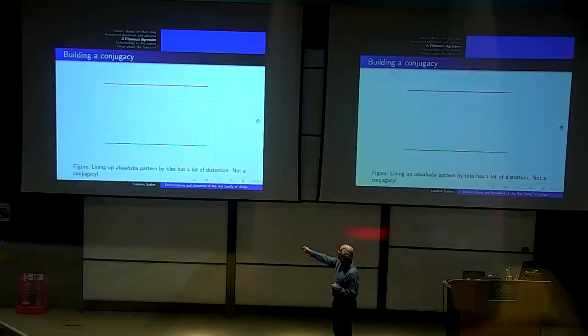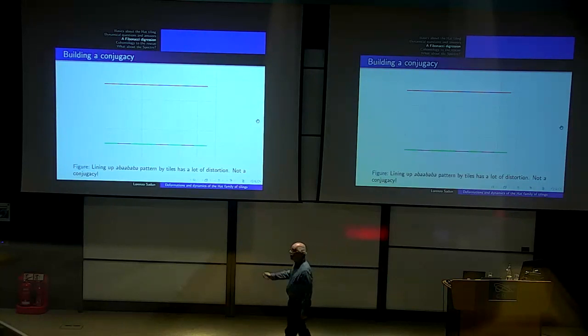Well, you could try to line up the vertices, map something where the vertex is here to something where the vertex is here, map something where the vertex is here to something where the vertex is here. But that's not conjugacy. Because when you translate by this much upstairs, you're translating by less downstairs. You translate by this much upstairs, you're translating by more downstairs. It's a homeomorphism, but it isn't conjugacy.